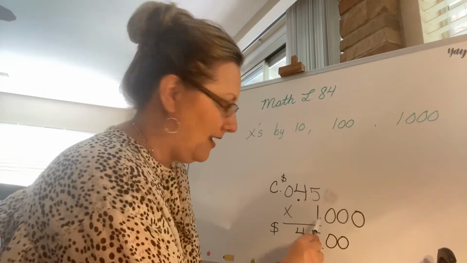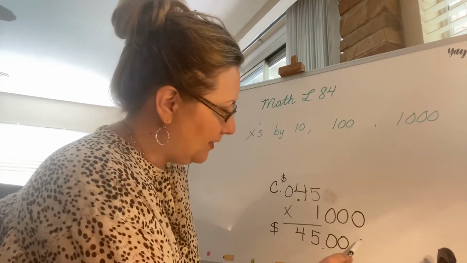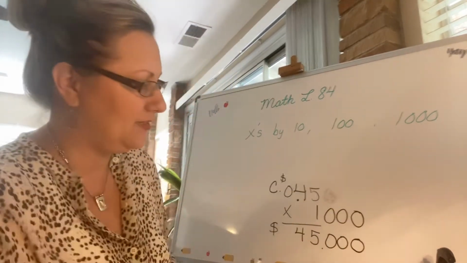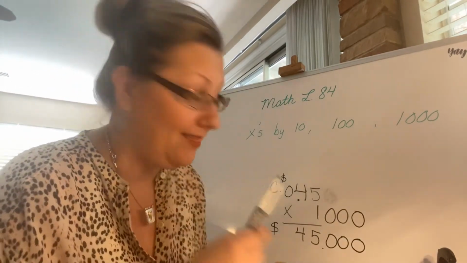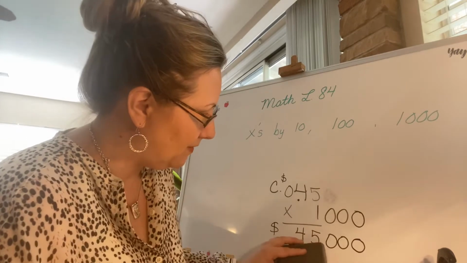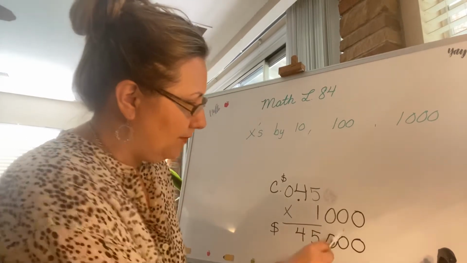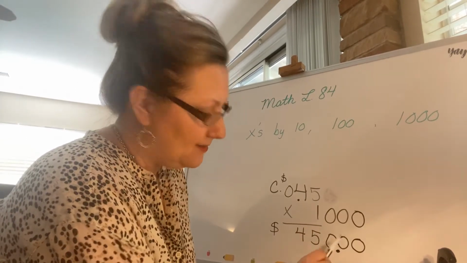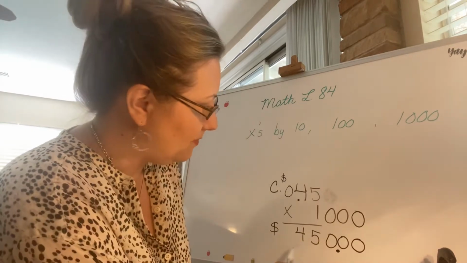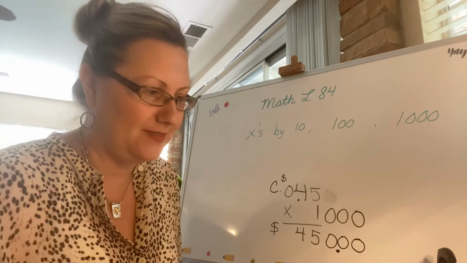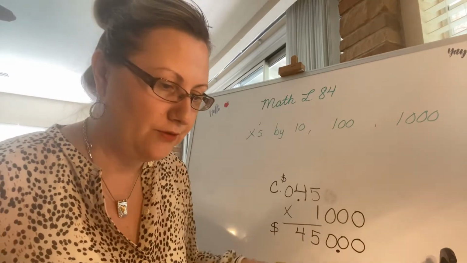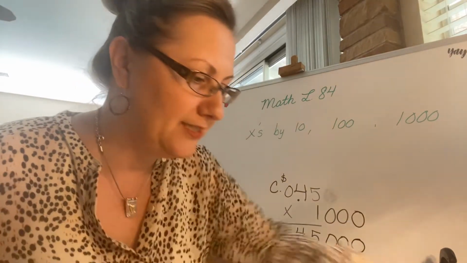It will have 3 zeros up here and 3 zeros down here. So 45 cents times 1,000 is not going to be $45. But there will be 2 decimal points, as there always are with dollars and cents. And what do we have is $450. So good catch for those who noticed that to begin with.